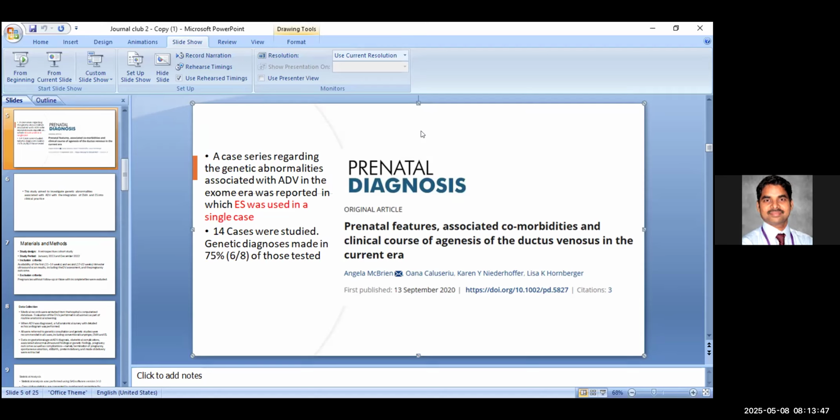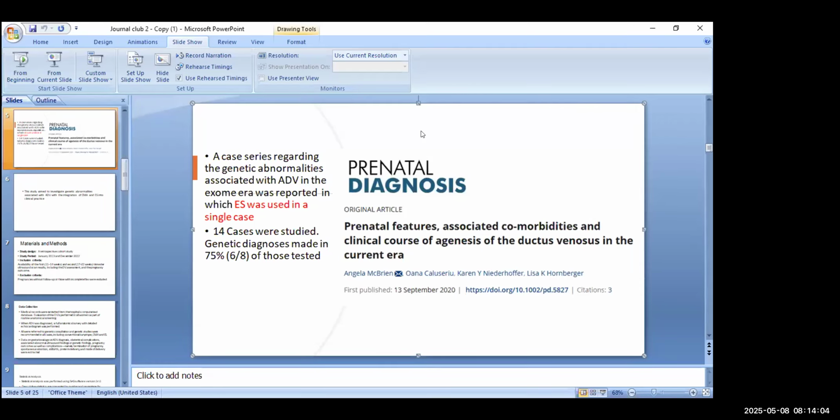Yes, sir, the right side arrow. Okay, there's some issue with your PPT version maybe. It looks like a very outdated version. All right, send the slides. We'll share it from here.